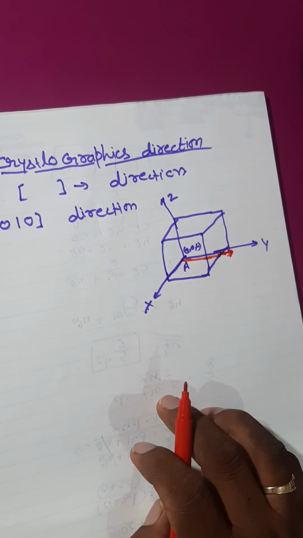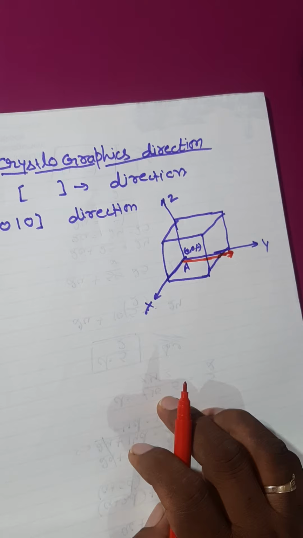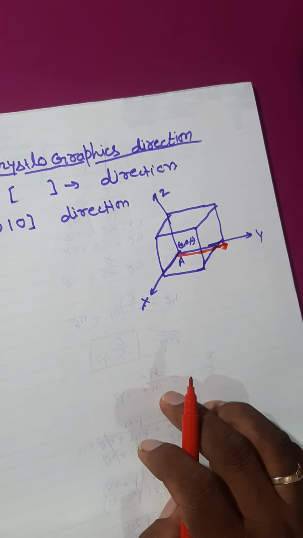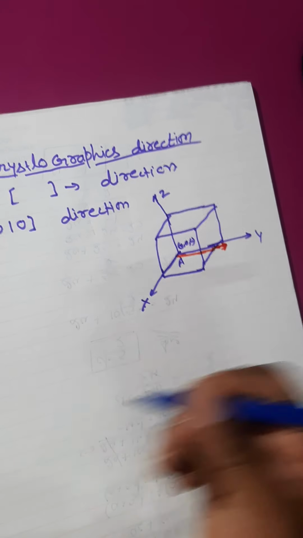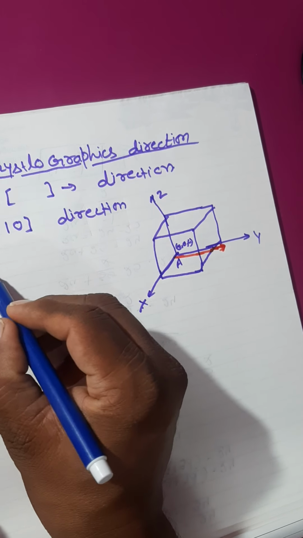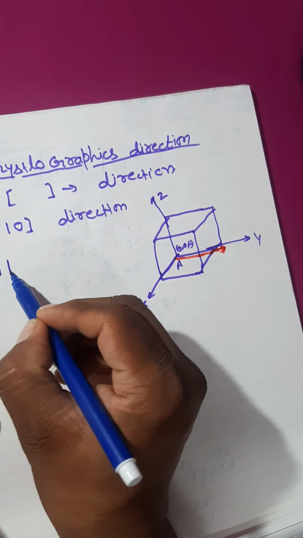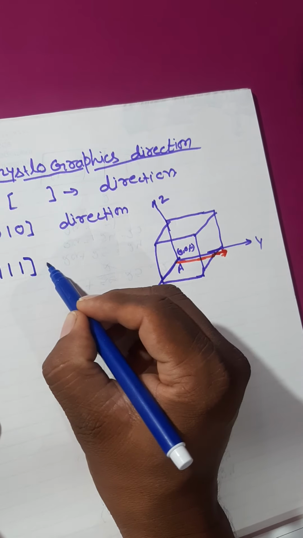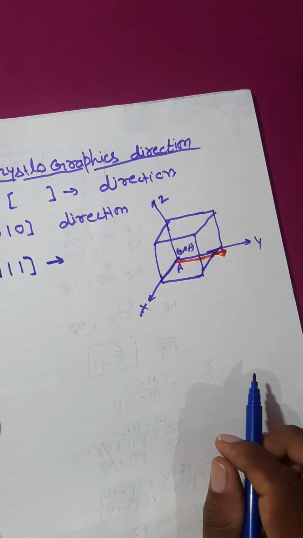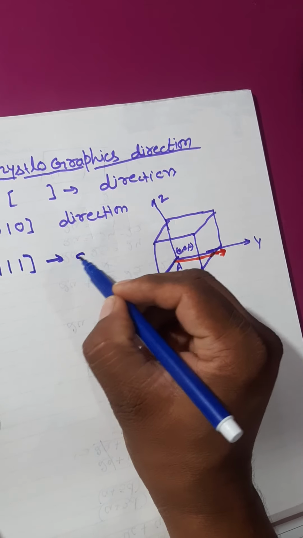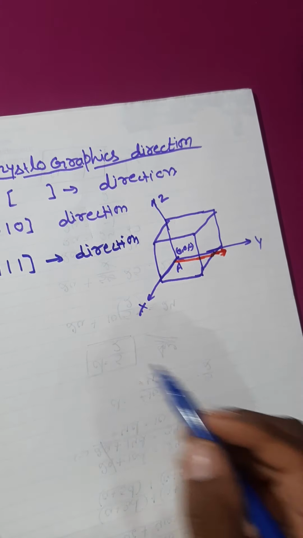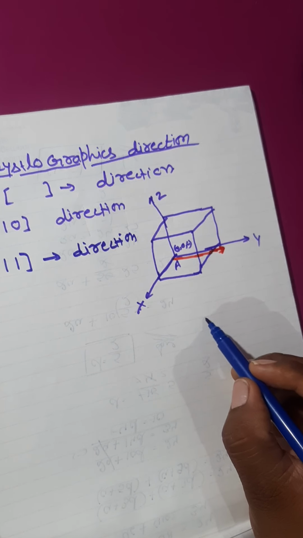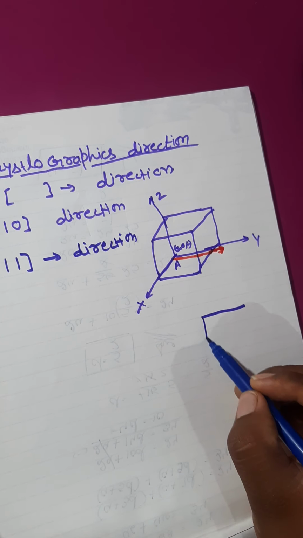Now consider another example. We are given 1, 1, 1 and we have to find out the direction of these indices. Let us draw the diagram for 1, 1, 1.